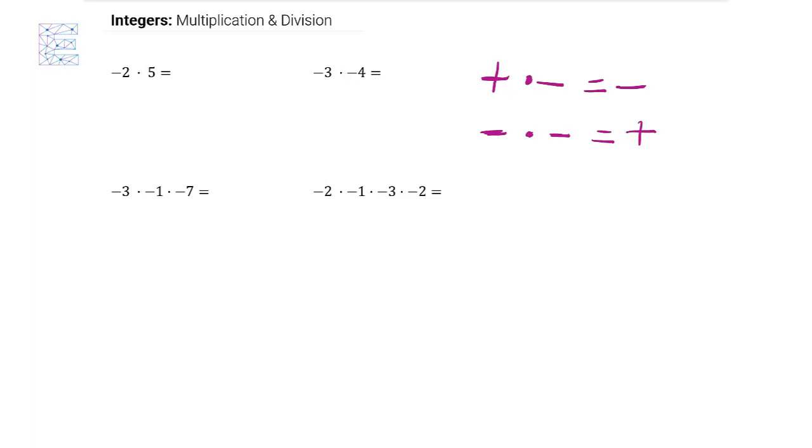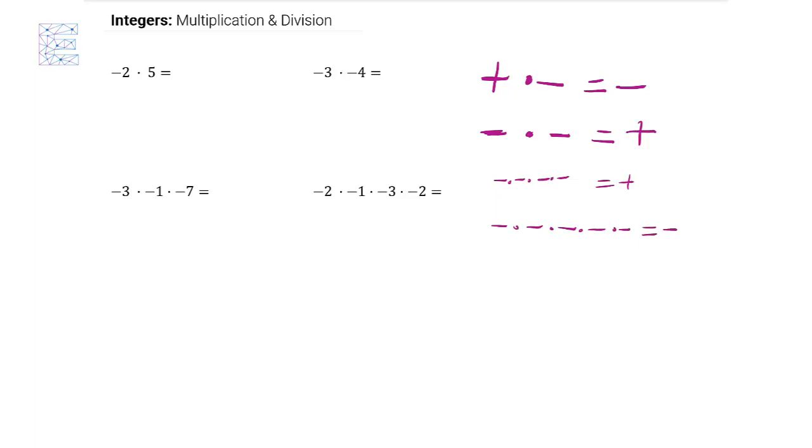And we can actually add a third subrule, which is if you have an even number of negatives, the answer will be positive. In other words, if you have 1, 2, 3, 4 negatives being multiplied together, the answer will be a positive. If you have an odd number of negatives, for example, 1, 2, 3, 4, 5 negatives being multiplied together, the answer will always be a negative.